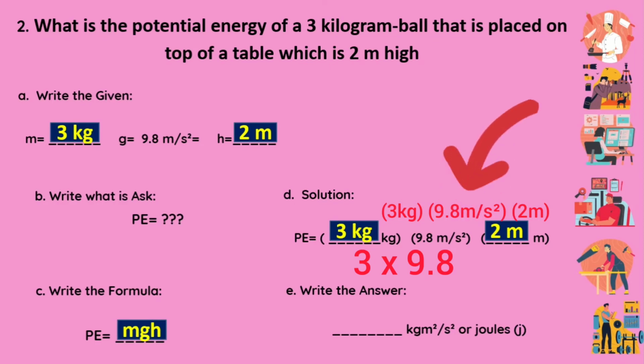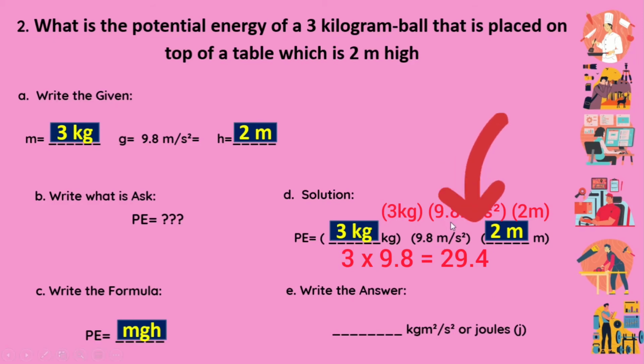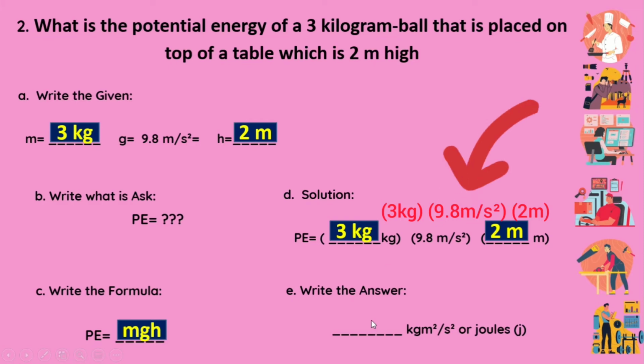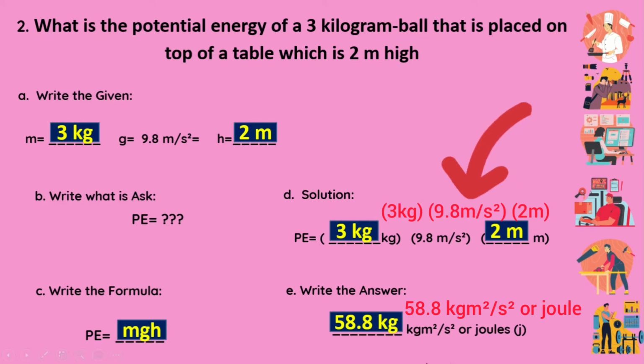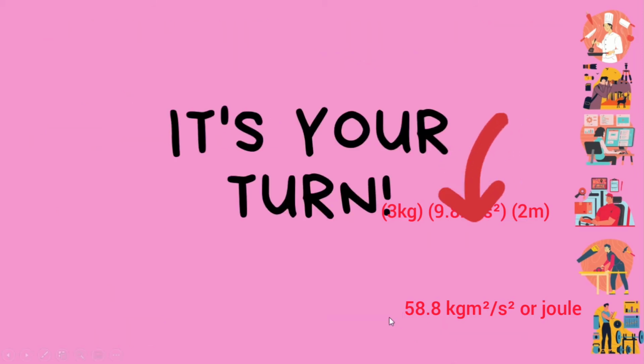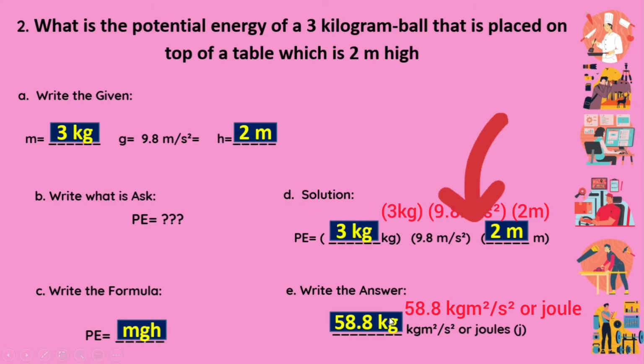So, 3 times 9.8 is 29.4. So, 29.4 times 2, then your answer is 58.8 kilogram meter squared per second squared.